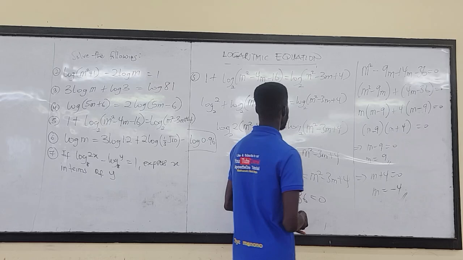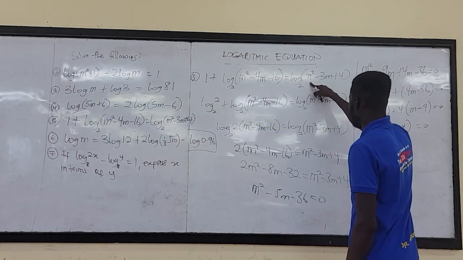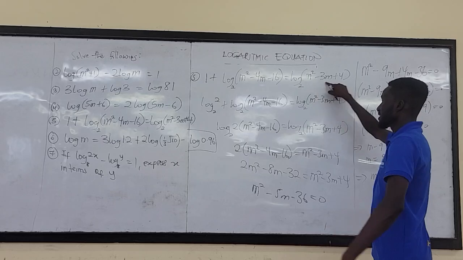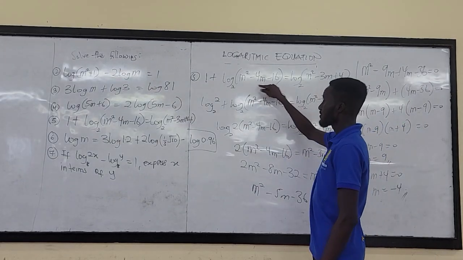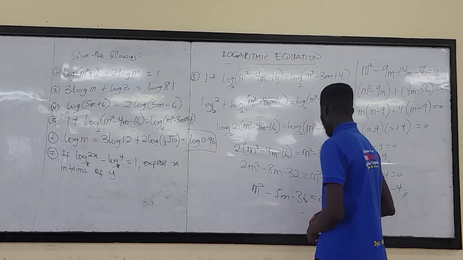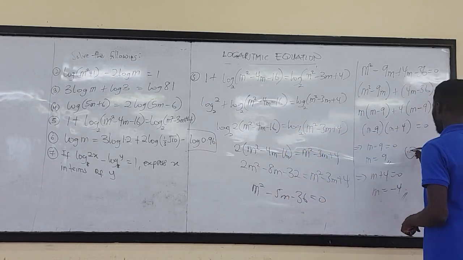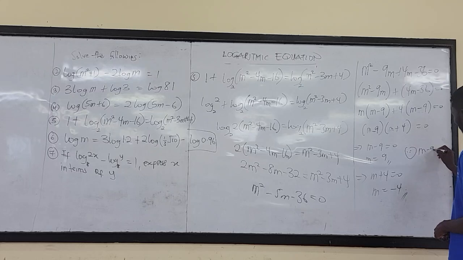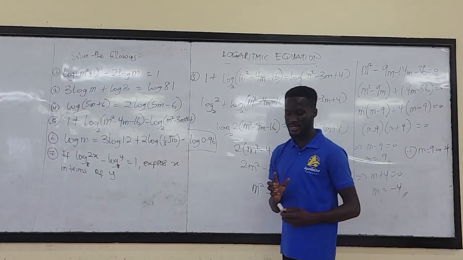Now when you put negative 4 here, everything here will be positive. This one will be positive, so it satisfies the equation. So I can conclude that therefore m is equal to 9 or negative 4. Now the two answers satisfy the equation.